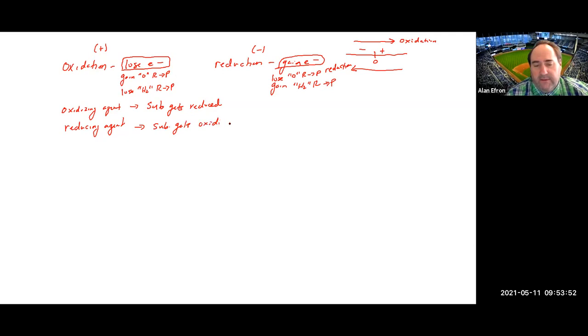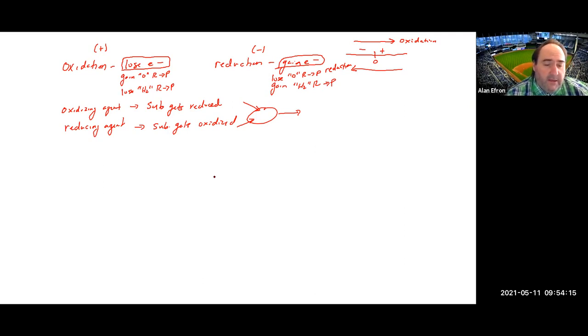Those can usually be found on the reactant side of the reaction. The reason they're called the opposites of their names is that they cause that effect in the other substance.